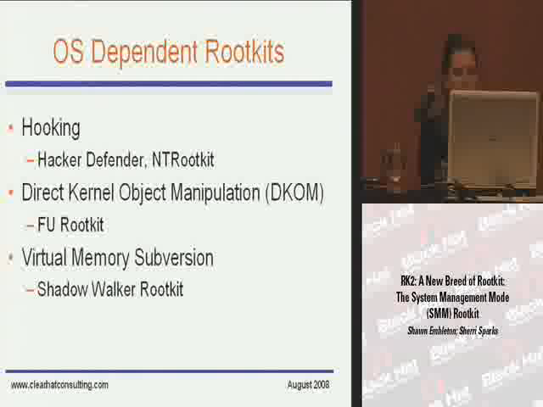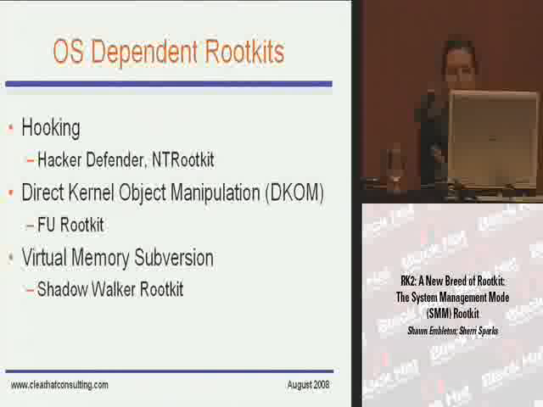A little bit more advanced technique is direct kernel object manipulation. Direct kernel object manipulation was talked about by Jamie Butler and was implemented in his FU rootkit. Basically, direct kernel object manipulation involves making changes to operating system data structures that are dynamic and that tend to change.